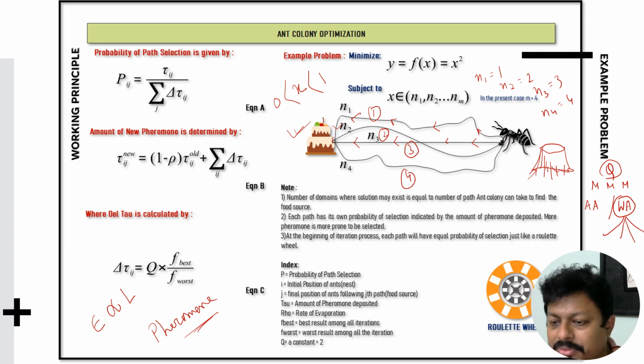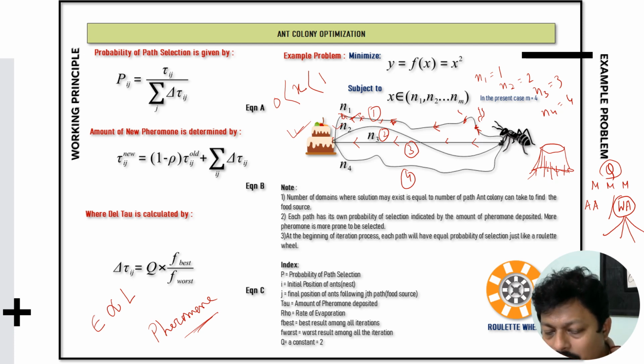So when the length is much more, then it evaporates more, because when the ant is going through a path, it deposits the pheromone and it stays like that, and after a certain time it starts to evaporate, right? But when it is returning with the signal that it has got a food source, then it again deposits some more pheromone in a greater intensity or greater amount.